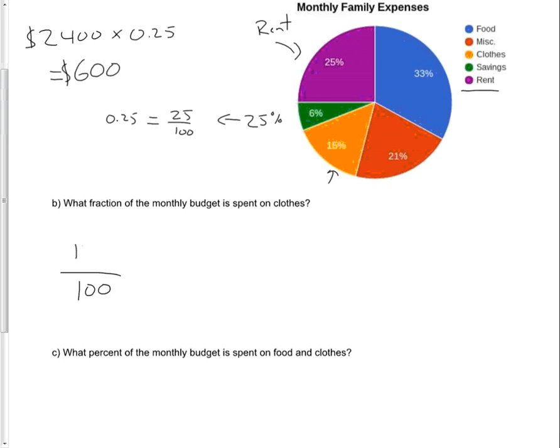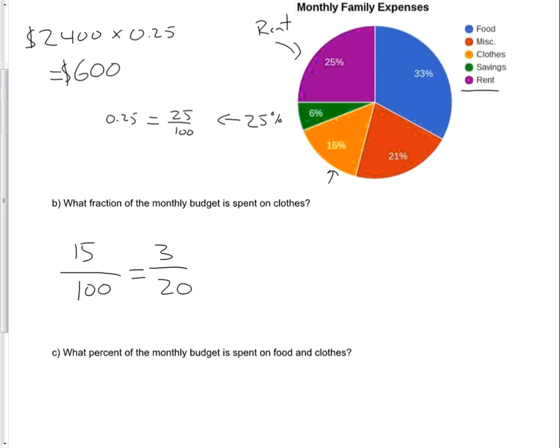So 15% is the same as 15 over 100. Now I want to figure out the fraction. Let's do this in lowest terms. So 15 over 100. Both 15 and 100 are divisible by 5, so I'm going to divide both the top number and the bottom number by 5. 15 divided by 5 is 3, and 100 divided by 5 is 20.